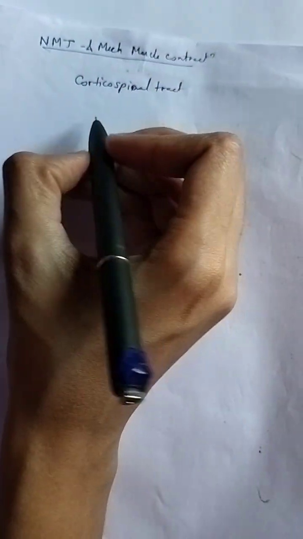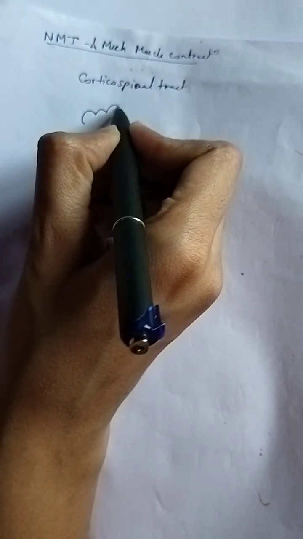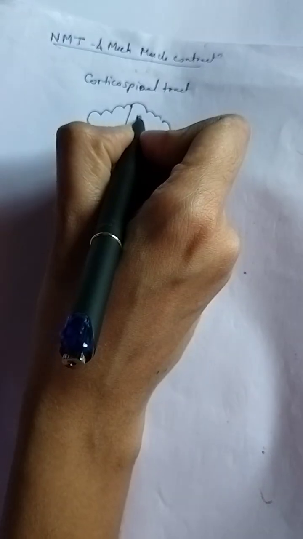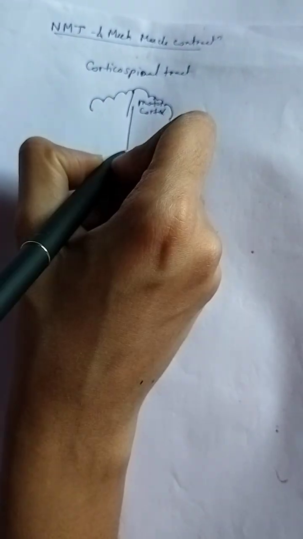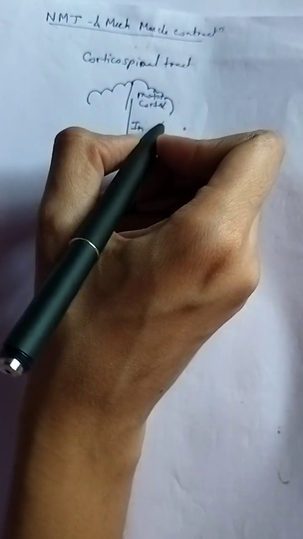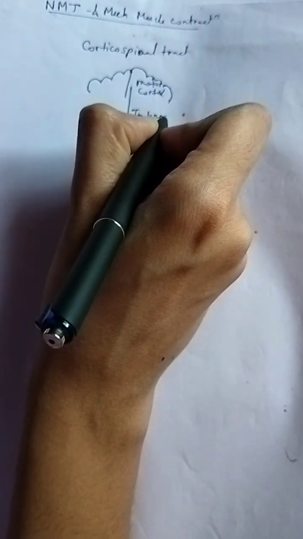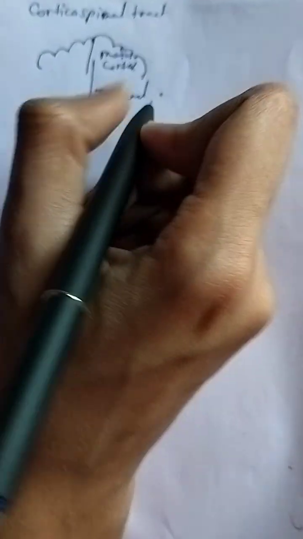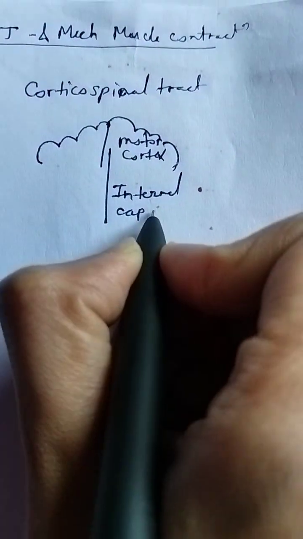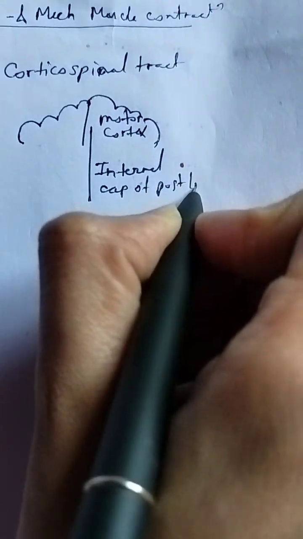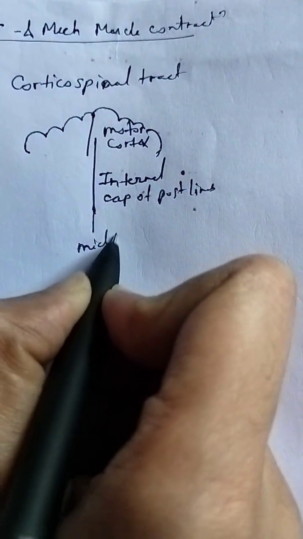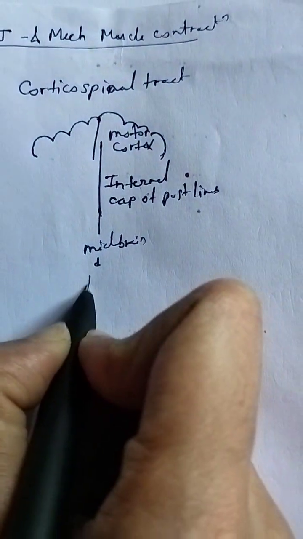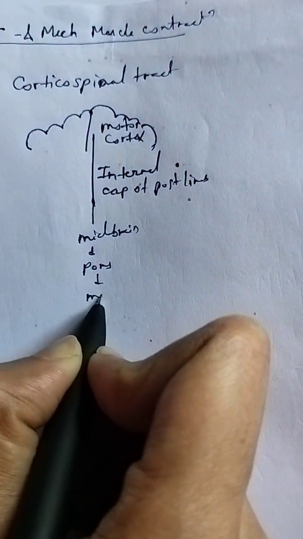This corticospinal tract passes the impulse from the motor cortex, then travels through the internal capsule of posterior limb, and then to the midbrain, pons, and the medulla.